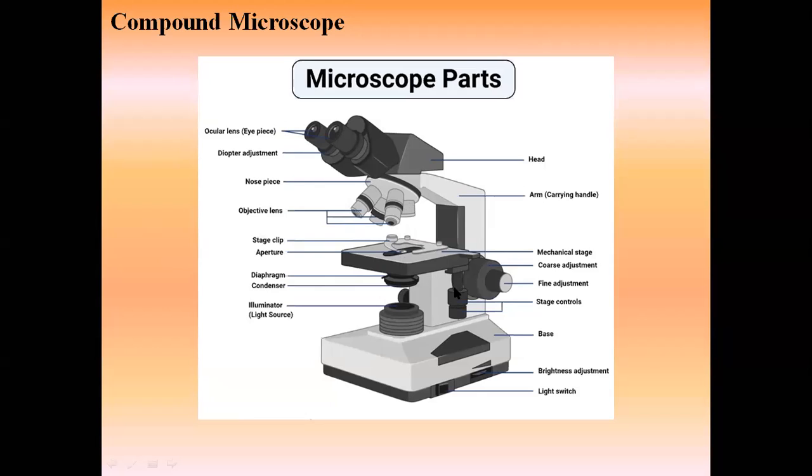The stage is subjected to movement, so you can move this stage left or right, forward and backward. Then one more thing is the objective lens. In this compound microscope, we have the choice of choosing the objective lens.